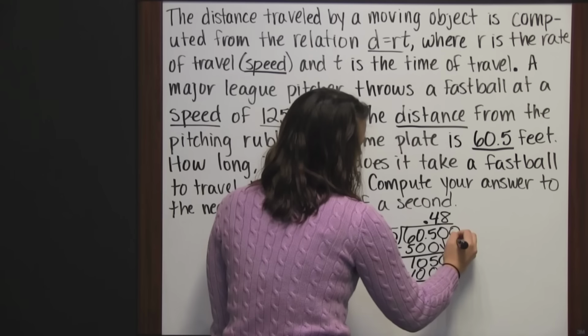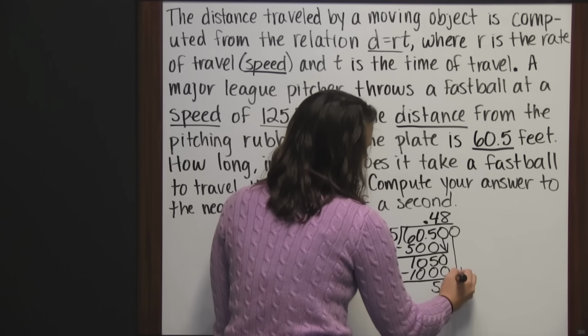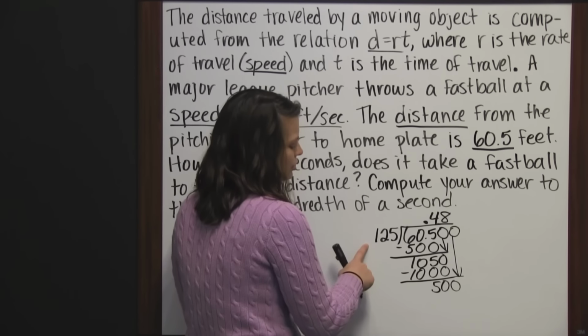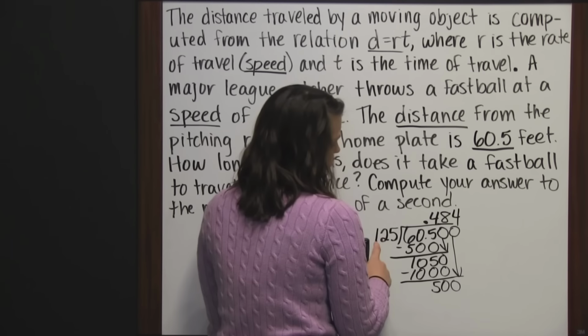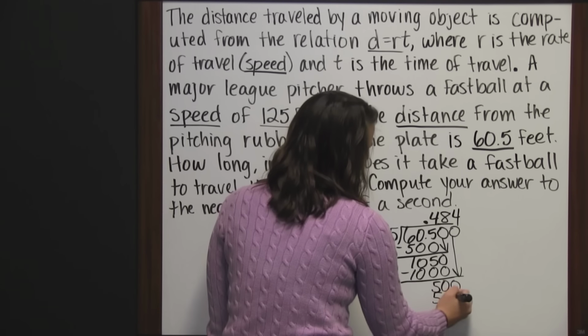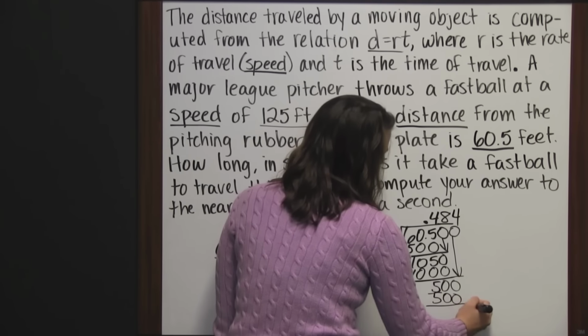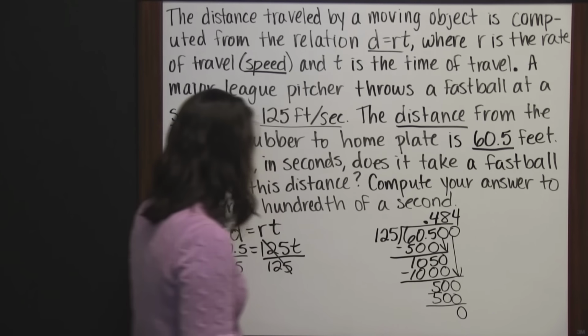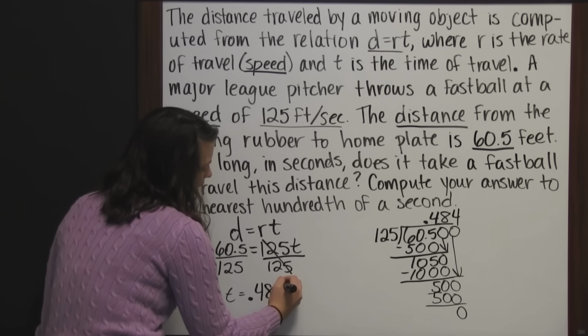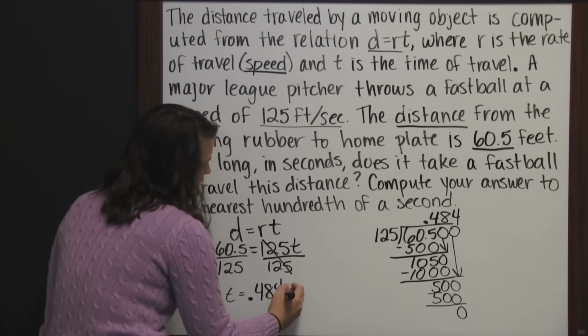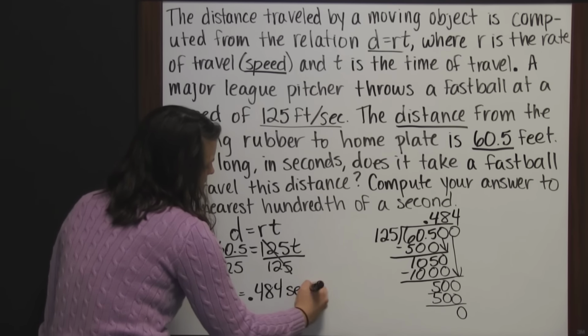Add another 0, bring it down. And 125 goes into 500 4 times. 125 times 4 is 500. Subtract and you get 0. So that means that the time would be 484 thousandths seconds.